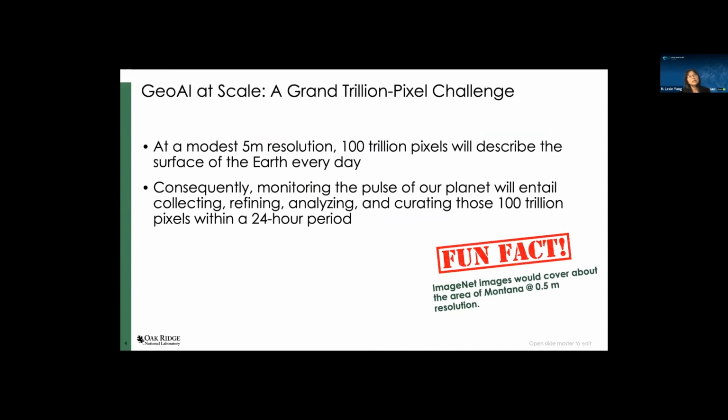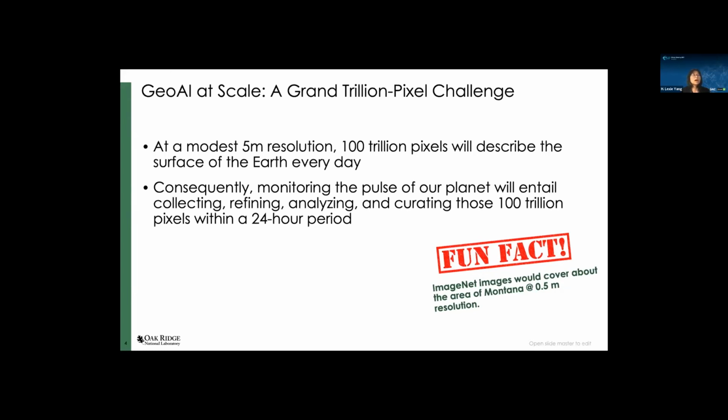So we did a fun calculation just to see the magnitude of the data we are dealing with in high resolution imagery. With just the 5-meter resolution, we are seeing 100 trillion pixels being collected every day, covering our entire planet.